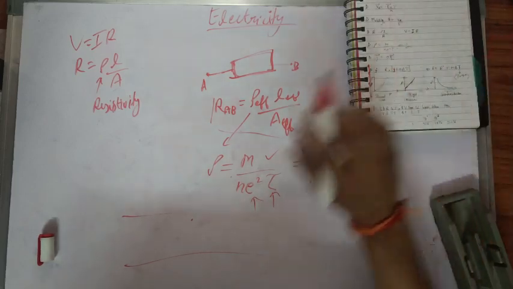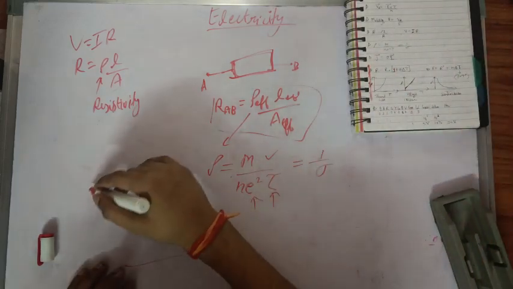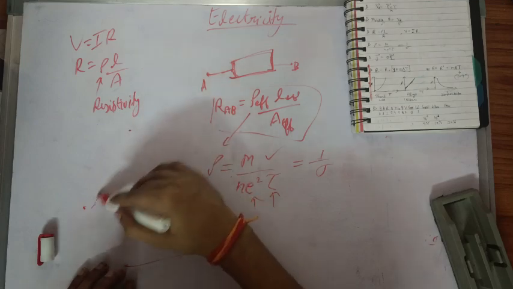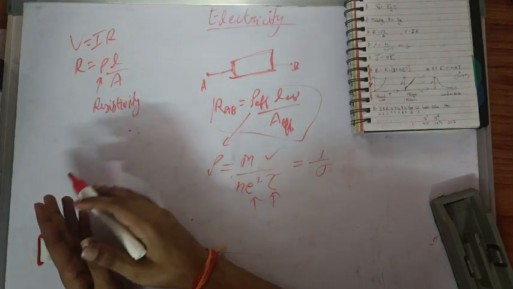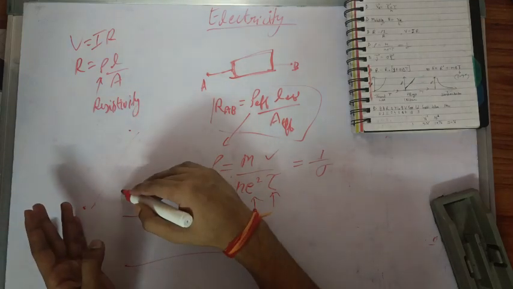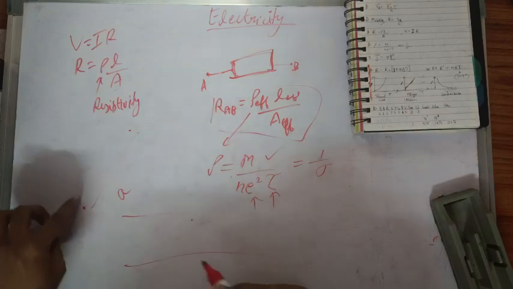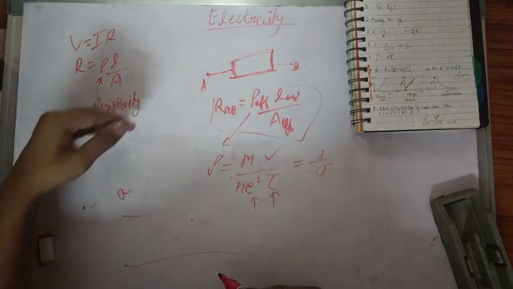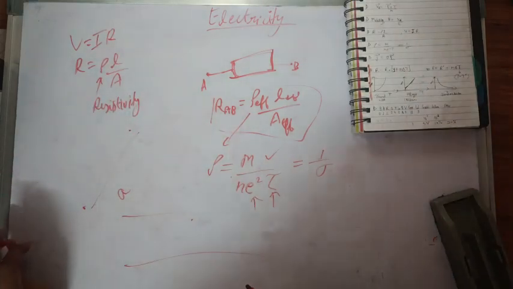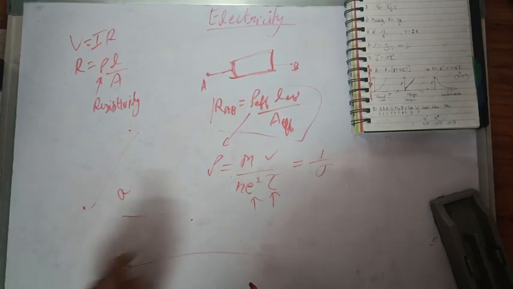If there is more time gap between the collisions, the electron will gain a high velocity because it is constantly accelerating. The more time we give, the more velocity it will gain, so it will travel with a larger speed.